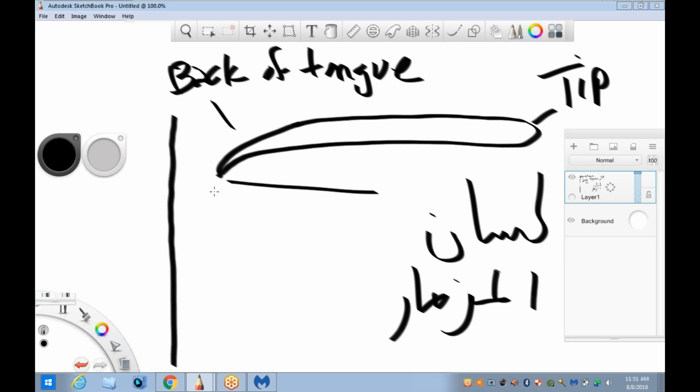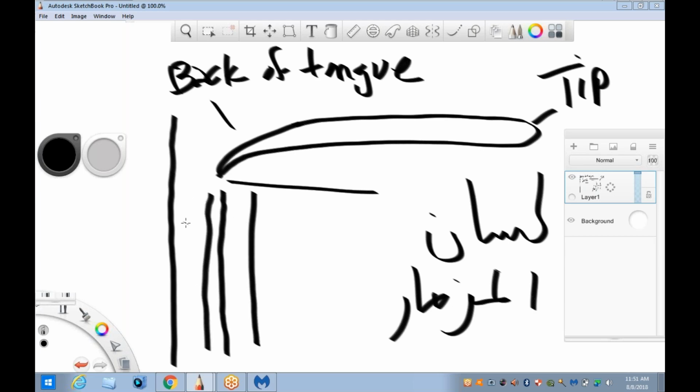Inside, barakallahu fikum, you all bear with me, you have two canals. This canal here, and this canal here, go down to your digestive system and your respiratory system.